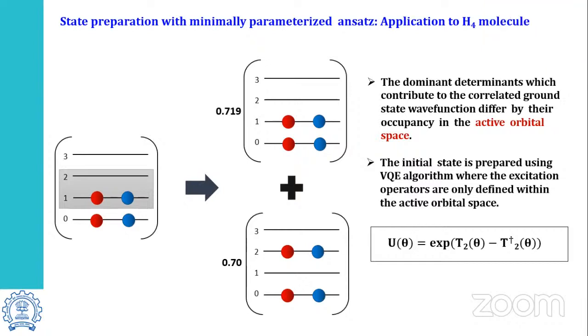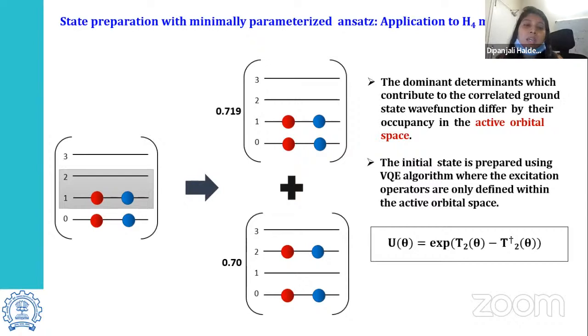So have you ever performed such computations? What computation? I mean the IQPE with the CASCI two electrons in two orbital wave function as the initial wave function. Yes, we can do that also.